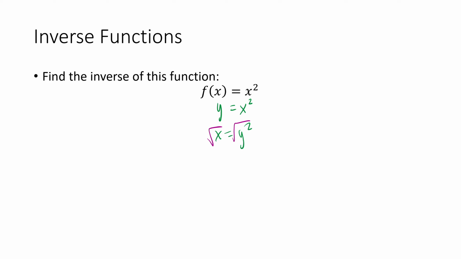And so what this tells us, and hopefully you know this, is that the absolute value of y is equal to the square root of x, right? So then y is equal to plus or minus the square root of x. Positive or negative the square root of x. Well, that is kind of strange.